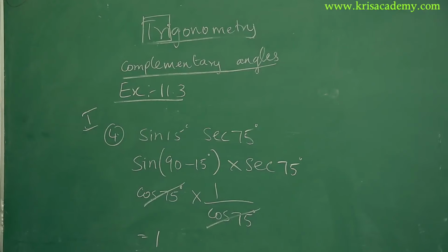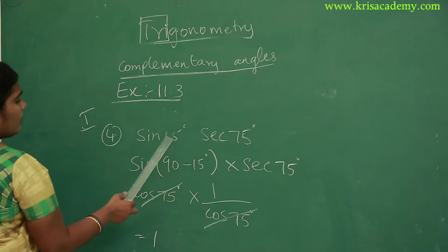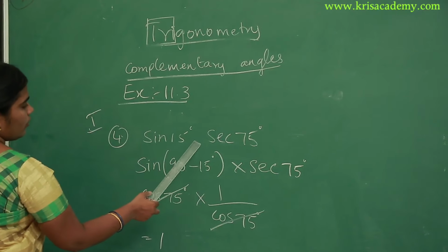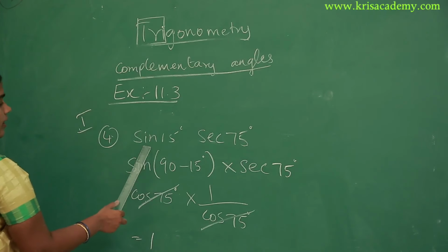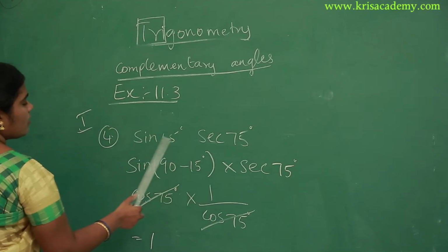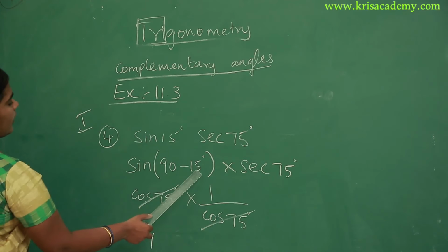So now fourth problem, sin 15 degrees, secant 75 degrees. Between these two angles we don't have any binary operation, so it indicates multiplication. Here also either you can convert the first sin 15 degrees or secant 75 degrees. So let us take first one, sin of 90 minus 15 degrees.